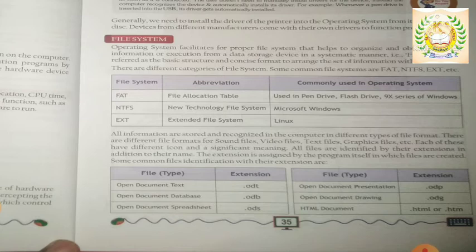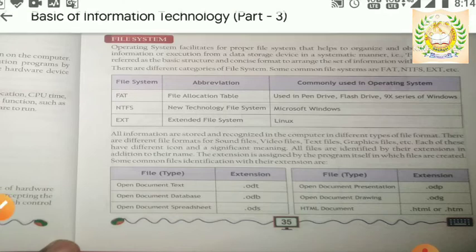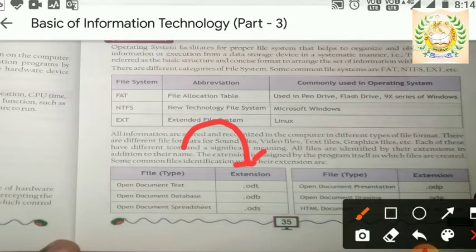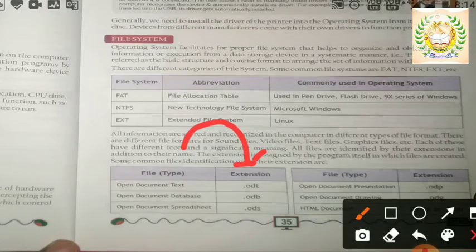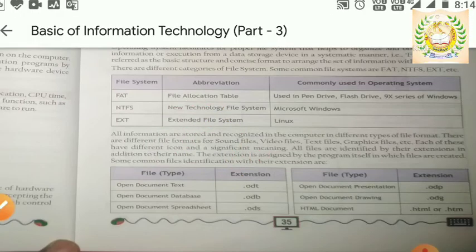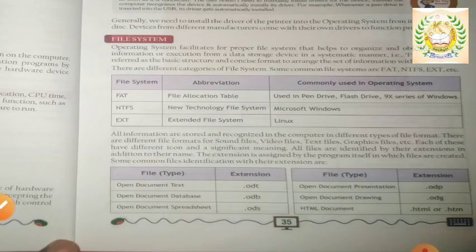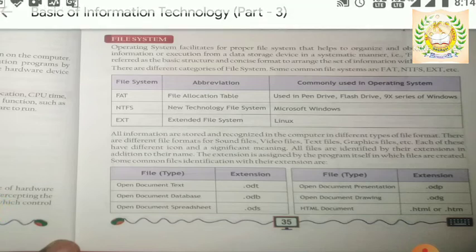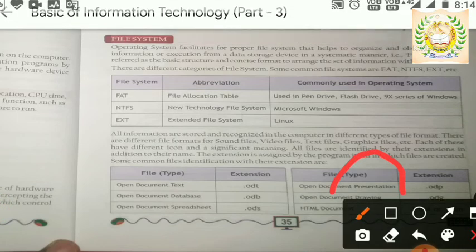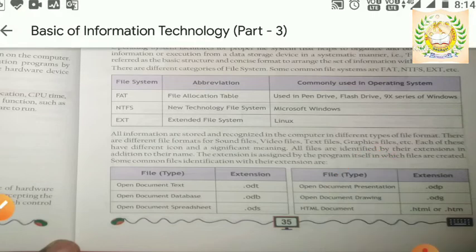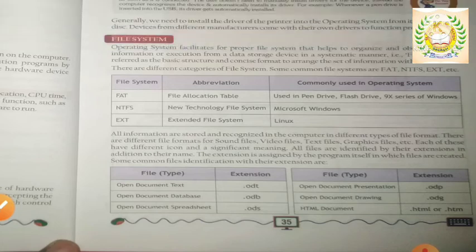How can we understand what a file is? Because a file is understood through its file extension. Suppose an OpenOffice document, then .odt. Suppose an HTML document, then .html. OpenOffice spreadsheet, then ODS. OpenOffice database, then ODB.